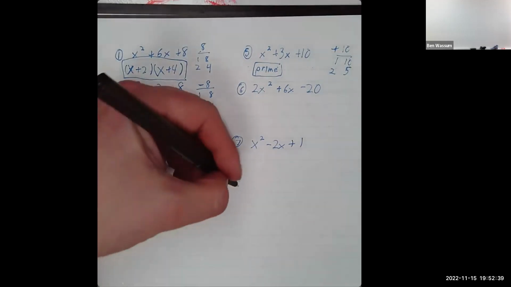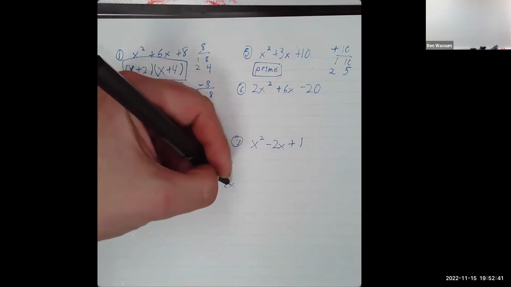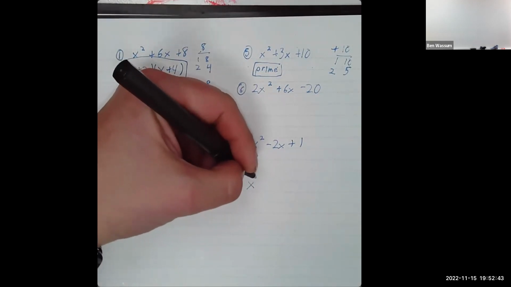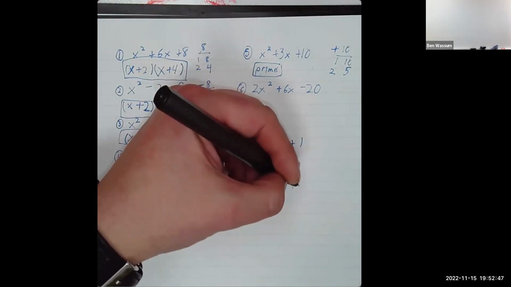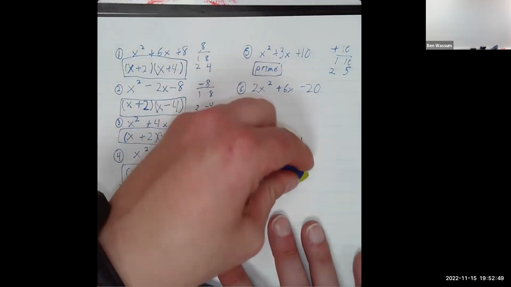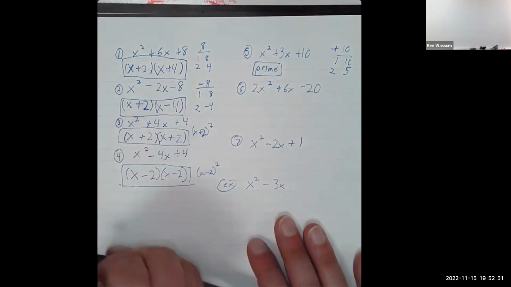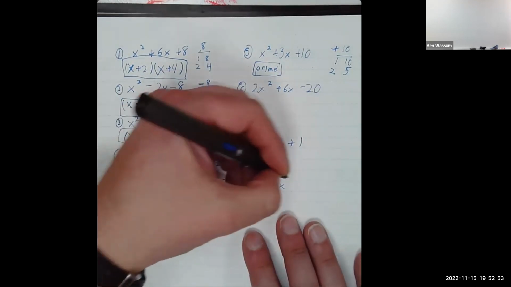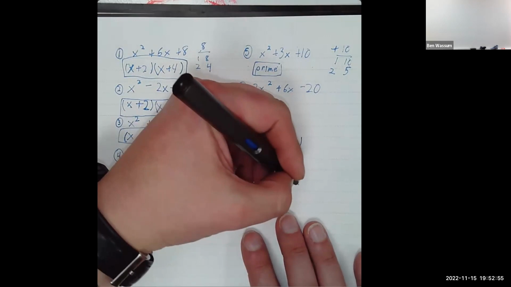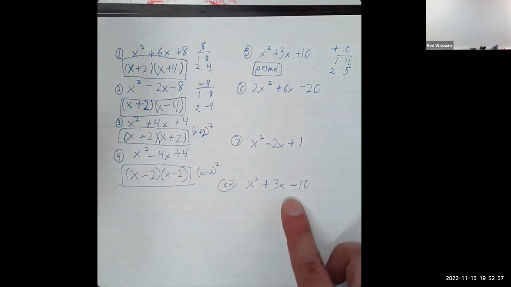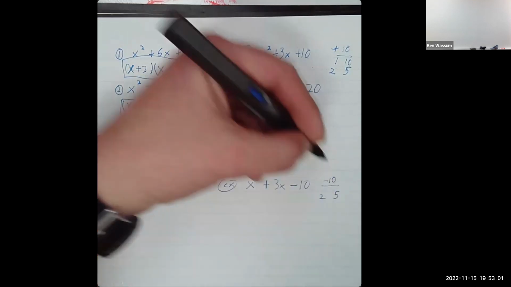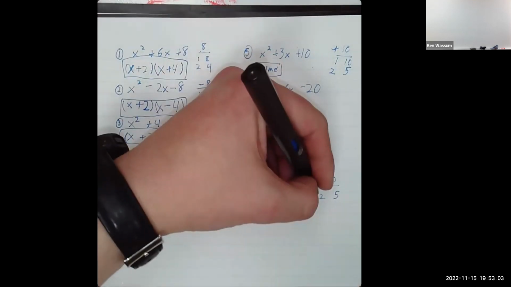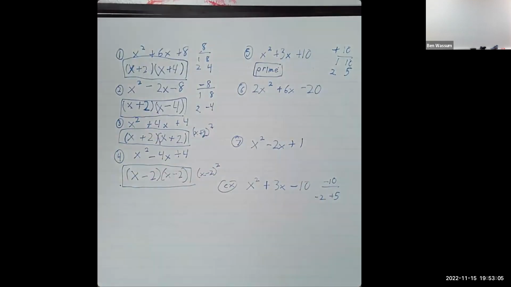Now, as an example, just drop it over here. If I had an x squared plus 3x minus 10, well, if I had that minus 10, then that 2 and the 5 would actually work out because I could do a -2 and a +5.